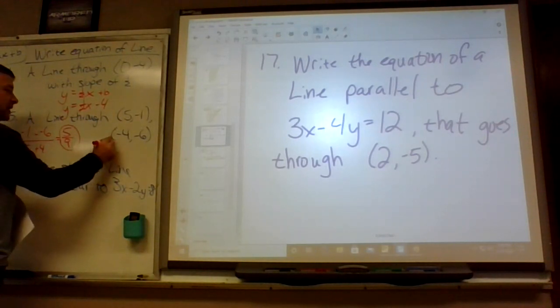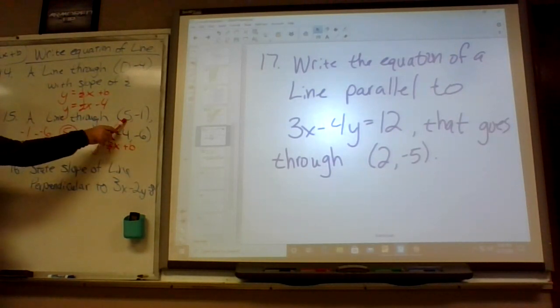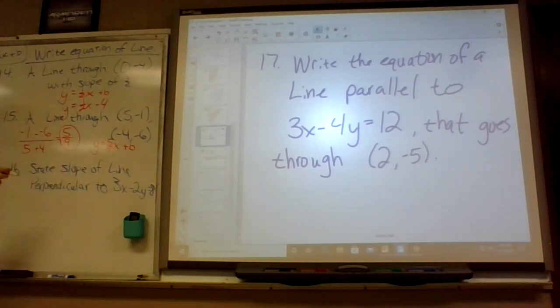So y equals 5/9 x plus b. How did I find b? Using one of those points. I chose the 5 and -1. So if I plug in -1 where the y was and 5 where the x was, I can use that to solve for b. 5 times 5 is 25/9.